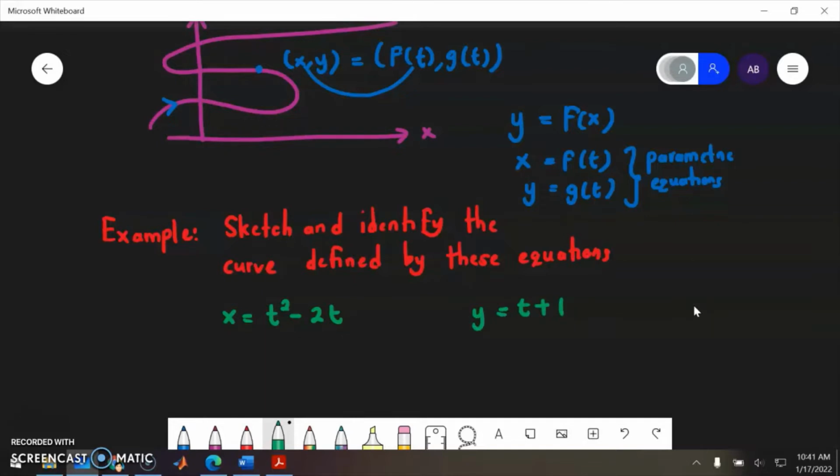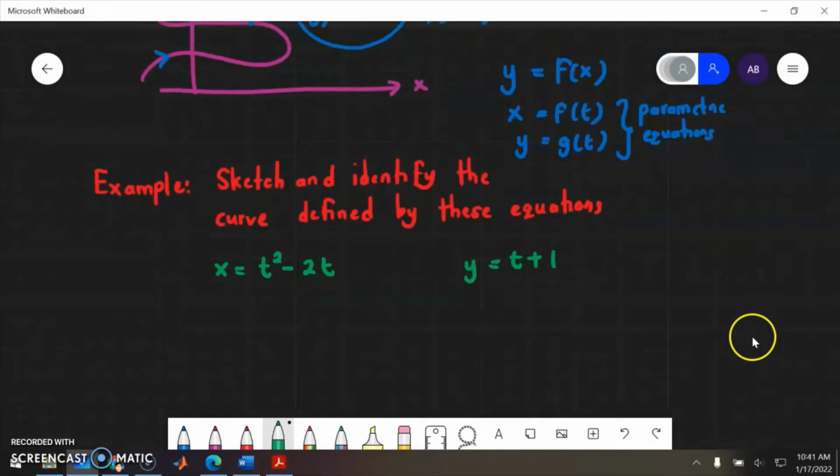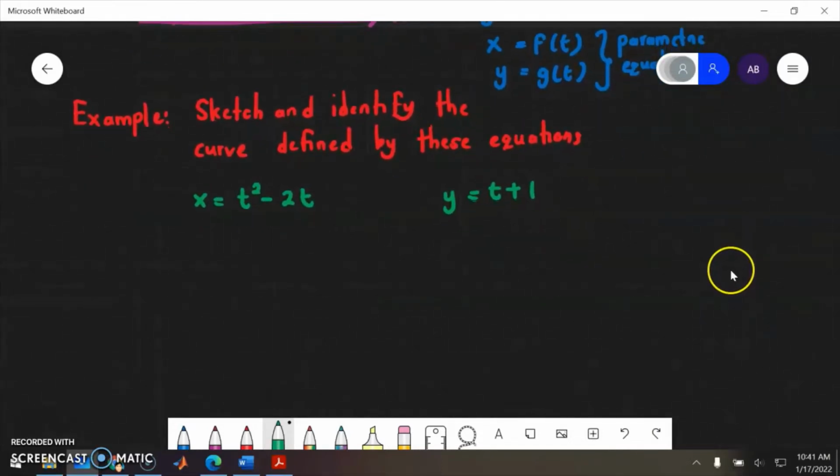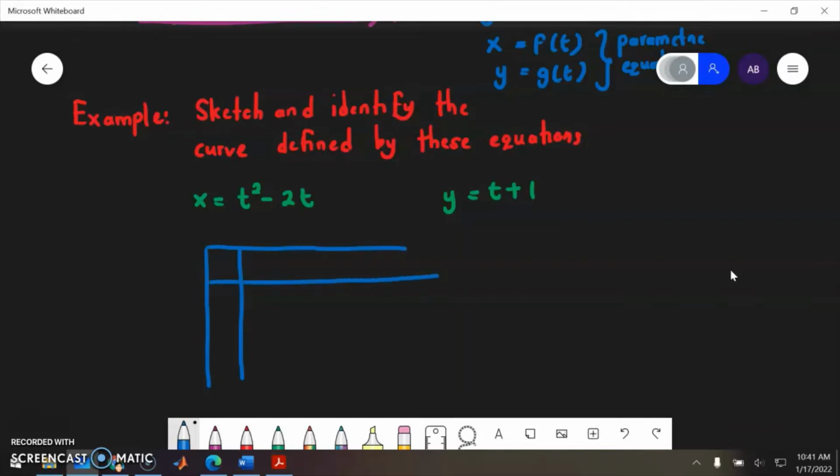This is also called a parametric equation because we have x in t and y in t, two equations. To sketch this, whatever knowledge about graphing you have learned, you can do it easily. What I do is draw a table, which makes it easier. So we have t, the equation for x, which is x equals t squared minus 2t, and then y equals t plus 1.